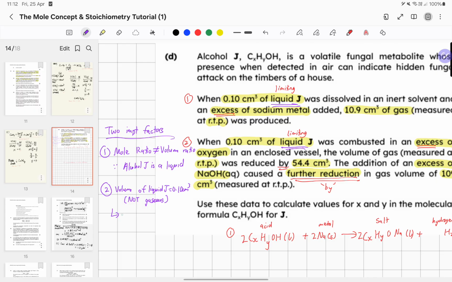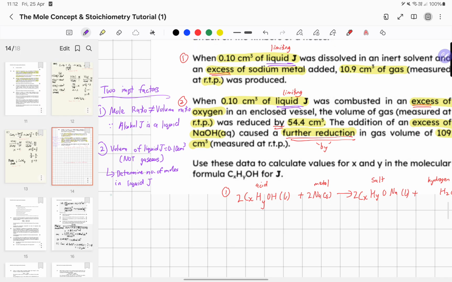So I need to find a way to determine the number of moles in liquid J. And this is definitely not equal to 0.10 cm cubed divided by 24,000 cm cubed, because this is only applicable if J is a gas.